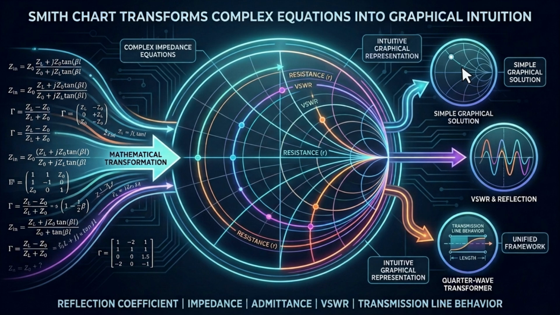Mathematically, the Smith chart transforms complex impedance equations into an intuitive graphical representation, allowing reflection coefficient, impedance, admittance, VSWR, and transmission line behavior to be understood within one unified framework.